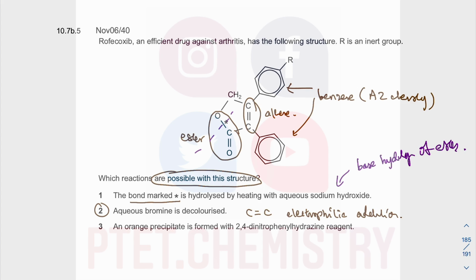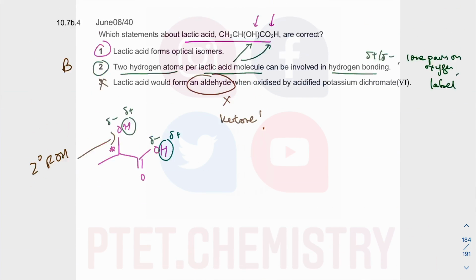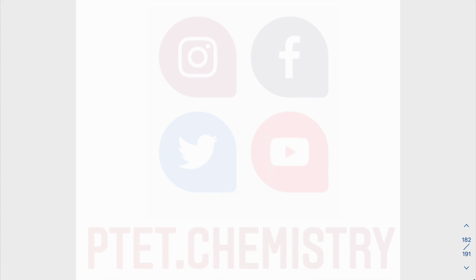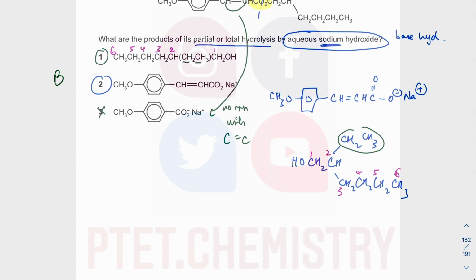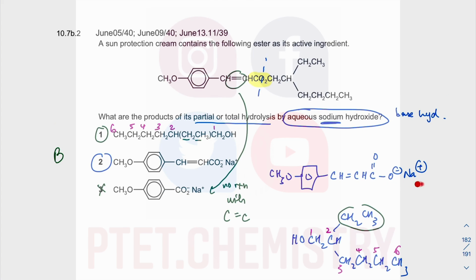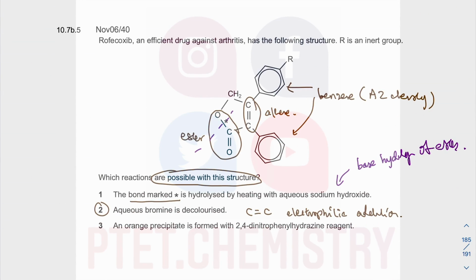Because you're under basic conditions, you will get a carboxylate, C double bond O minus Na plus, just like here, base hydrolysis. All right, you don't get the carboxylic acid, you get the carboxylate salt because you are under base hydrolysis. Of course, this one will give you the alcohol, and normal alcohols are not acidic, so they just give you the normal alcohol.